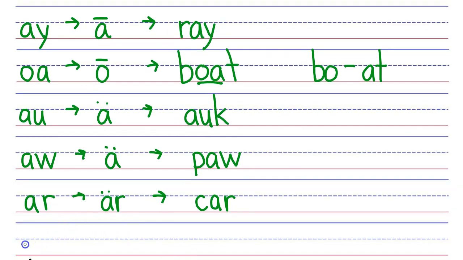We know EAR, which makes 3 sounds. They look like this in a dictionary. You can have ear, like in here. You can have air, like in bear.